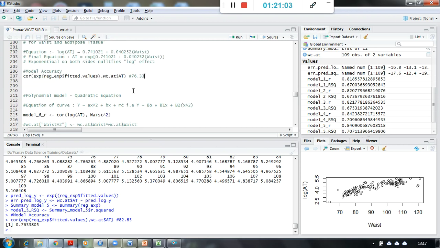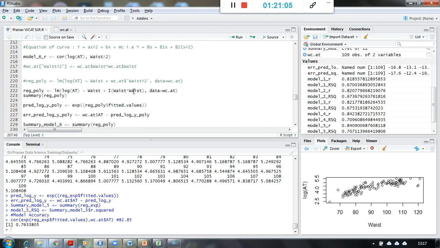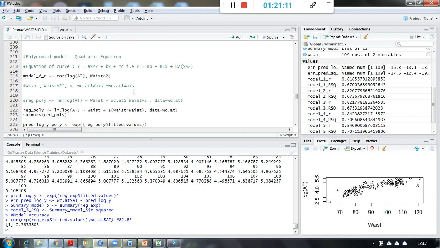So let us build one more model, and this is going to be our final model as far as this discussion is concerned. This model I'm going to write as a polynomial model, or quadratic equation.